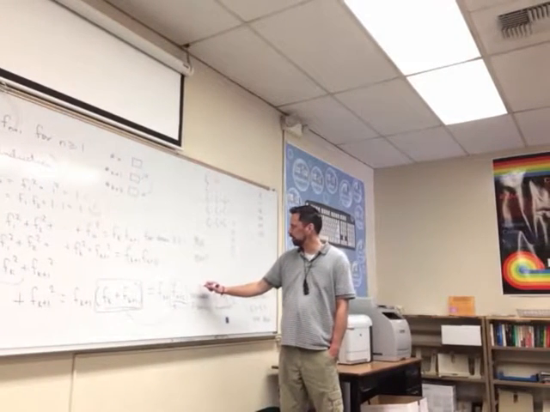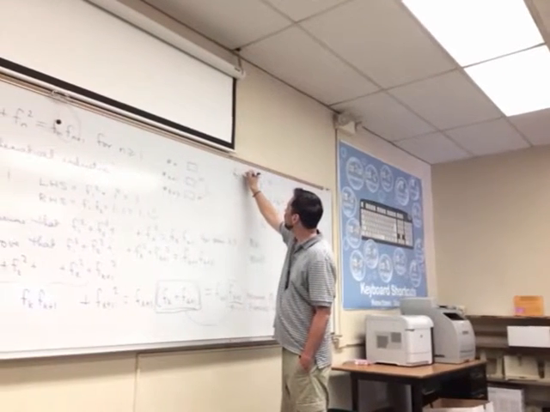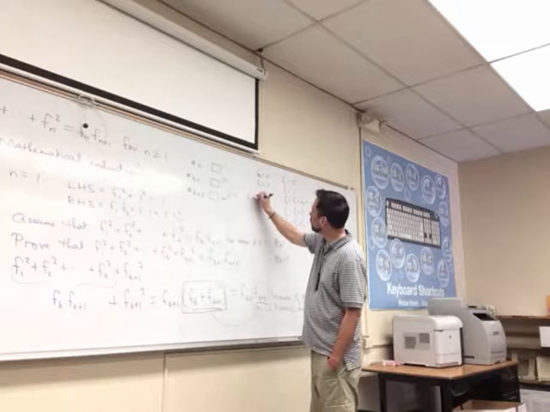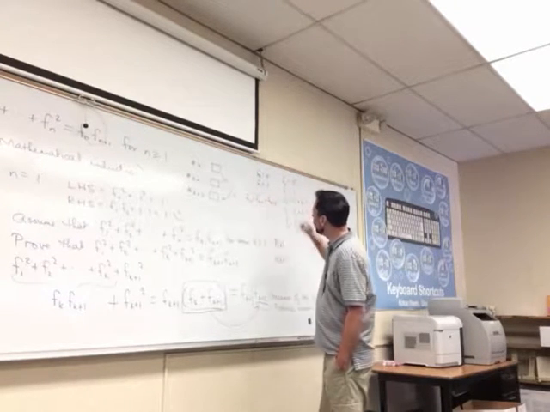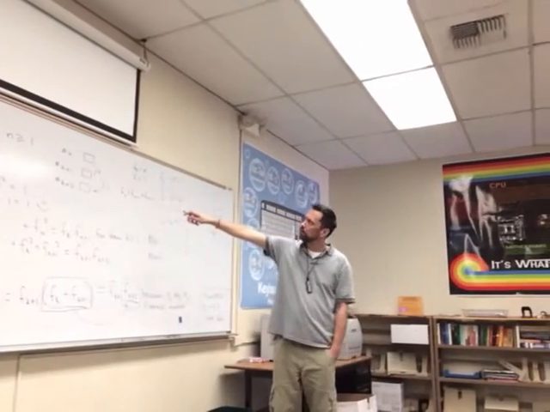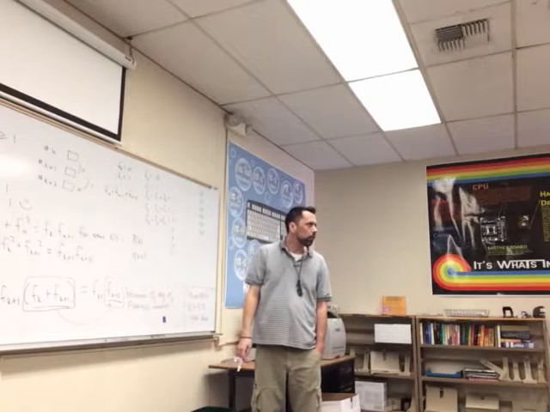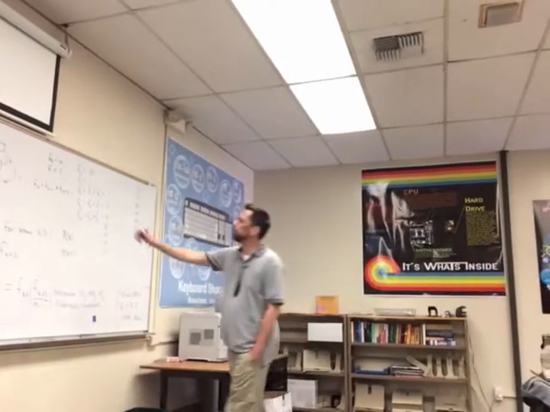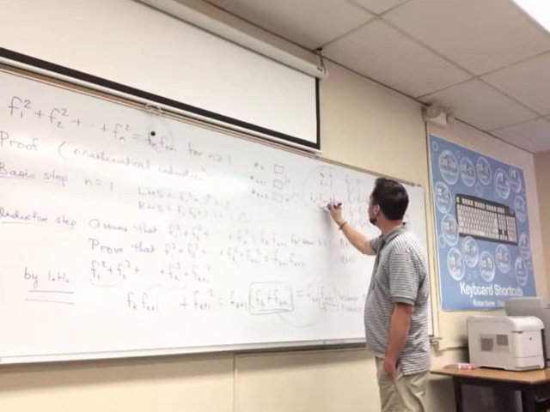The definition they gave said f of 0 was 0, f of 1 was 1, and then f sub n was equal to f sub n minus 1 plus f sub n minus 2. So yeah, if you want to be extra clear, you could say it's that definition replacing n with k plus 2. That wouldn't hurt. Yeah, this is the definition right here for n greater than 1.